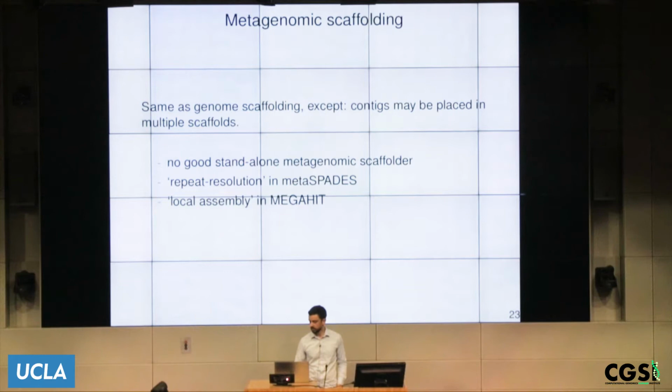In my opinion, there are no good and efficient standalone metagenome scaffolders, but assemblers find another way. In metaSPAdes, for instance, they use a module called repeat resolution, which does some sort of scaffolding in a different way. And megahit uses a local assembly module, which also uses paired information, but not exactly for scaffolding.